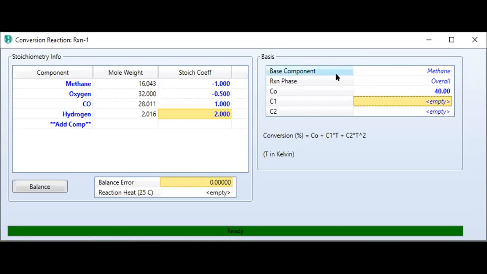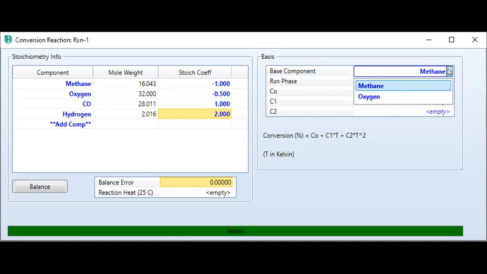If you have a limited supply of air and ample supply of methane, then you can select oxygen as your limiting reagent instead of methane. But here we are using oxygen from the ambient air, and we have limited stock of methane. So in our case, methane will be the limiting reagent. That is why we have chosen methane, not oxygen. This way, we have defined the reaction.